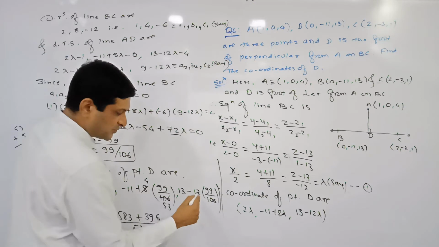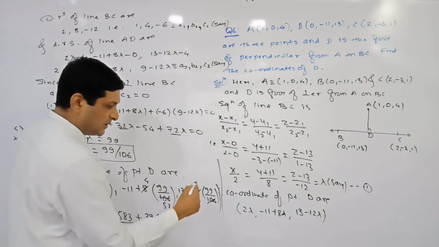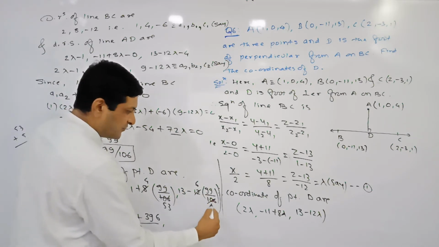Let us simplify the z coordinate. Both terms are divisible by 2, so 2 6s and 2 53s.